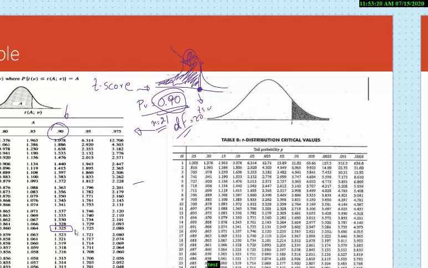What is this 1.325? The t-score. If you are looking for the probability for your t to be less than this value to be equal to 0.90, then your t is equal to 1.325. This is how you calculate it.